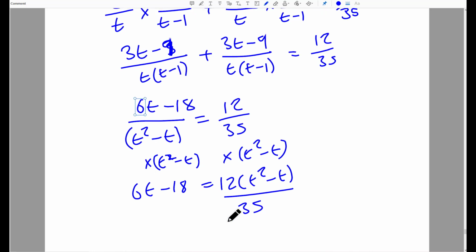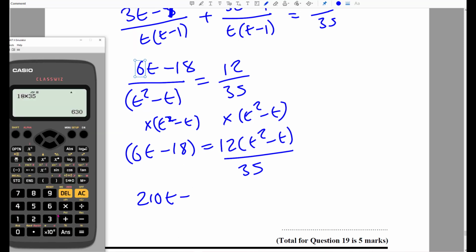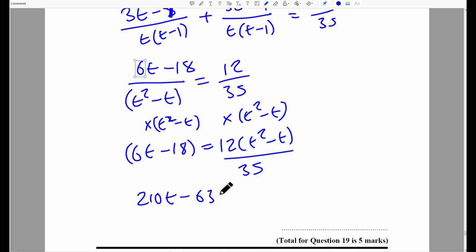Then you'll multiply out by 35. You need to do both terms. Remember, that's going to be in a bracket. So that's going to be 210t minus 35 times 18. Just use a calculator. 630 equals 12t squared minus 12t.